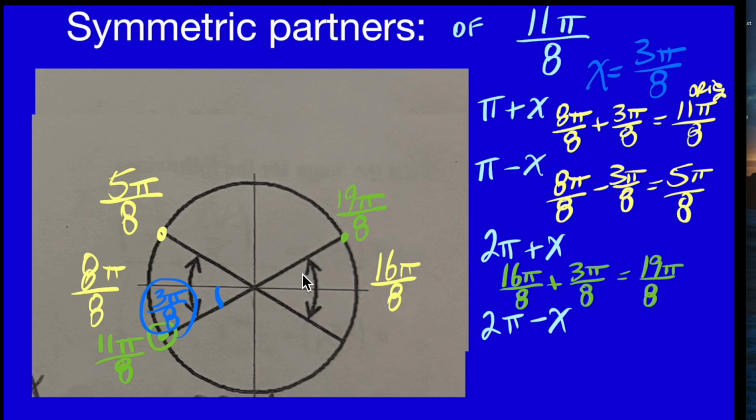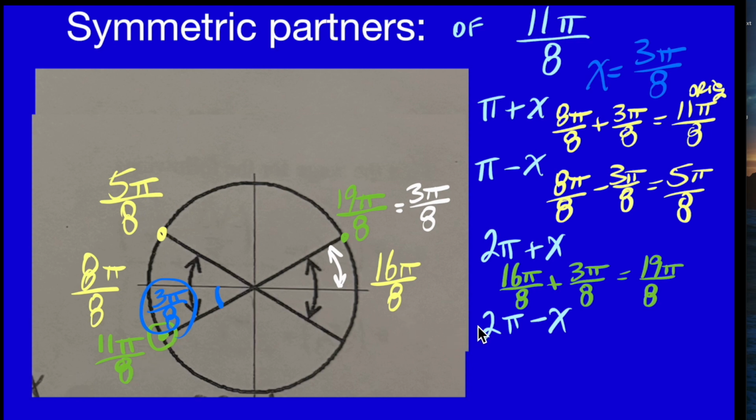Folks, that is outside of the reference range. So we're going to change that to 3 pi over 8. And we know that's the appropriate result because that x distance is 3 pi over 8 from our initial plotting of the 11 pi over 8.